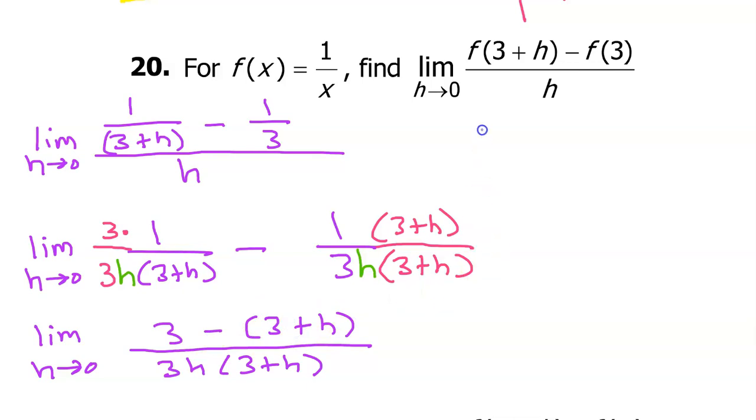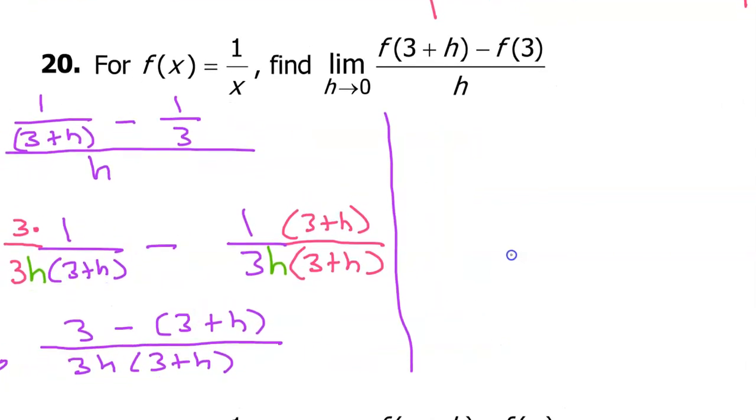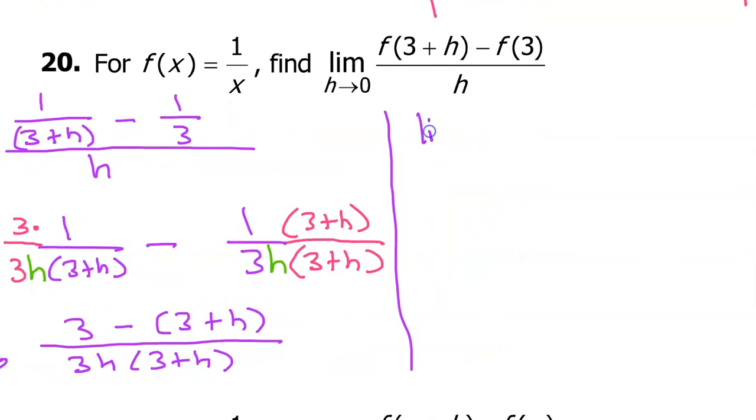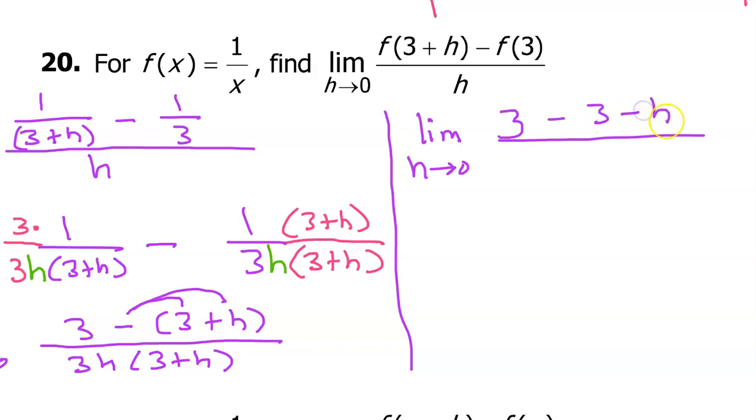To be honest with you, normally I would skip this step and I would go straight to what I'm about to write next, which is the limit as h approaches 0 of, you can see that this negative sign is going to distribute throughout these parentheses. So I normally go straight to this, minus 3 minus h.